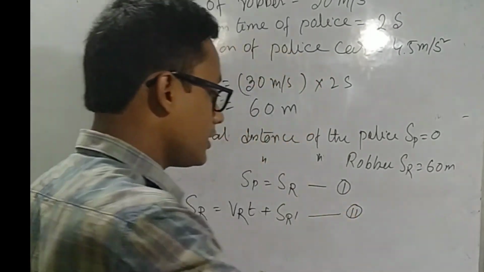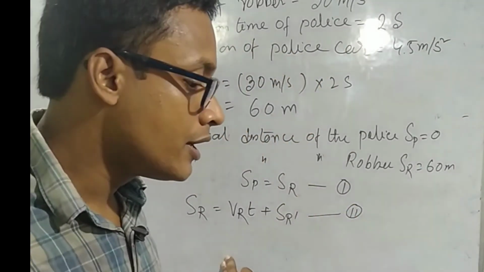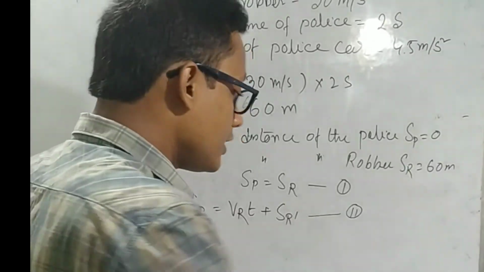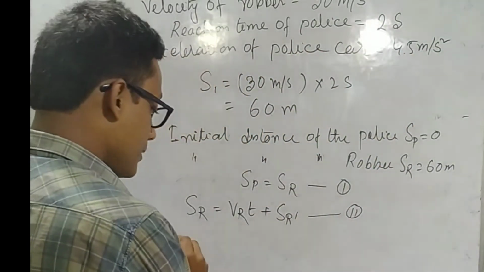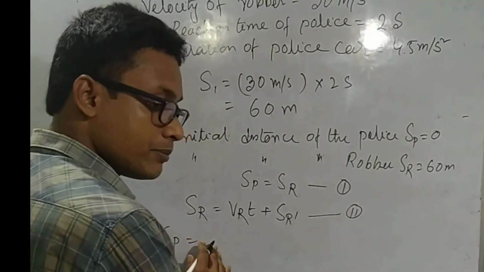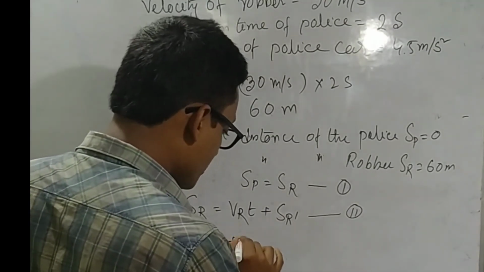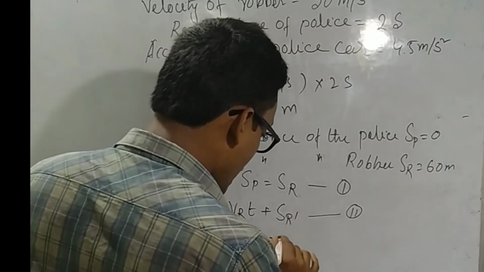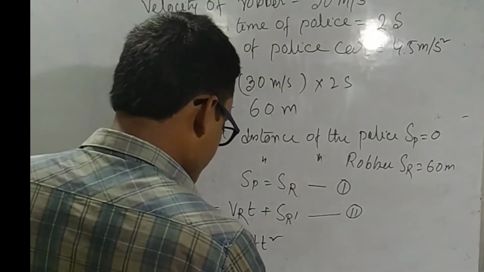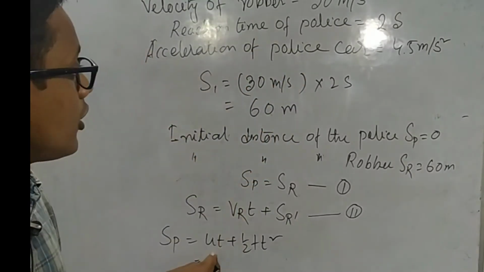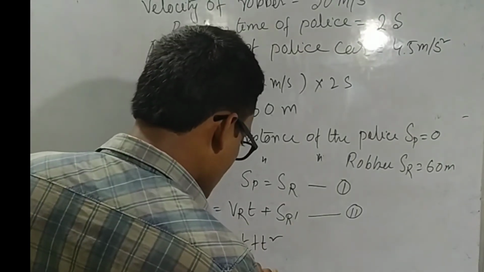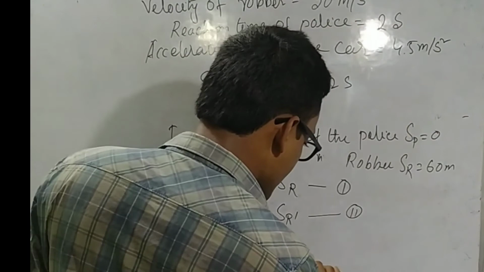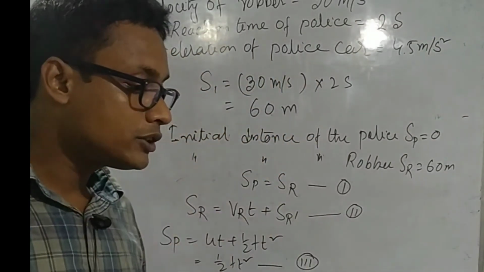This is equation number 2. Now the police car has acceleration, so the distance traveled by the police, SP, we can find using the formula ut plus half f t squared. The initial velocity of police is equal to 0, so SP is equal to half of f t squared. This is equation number 3.